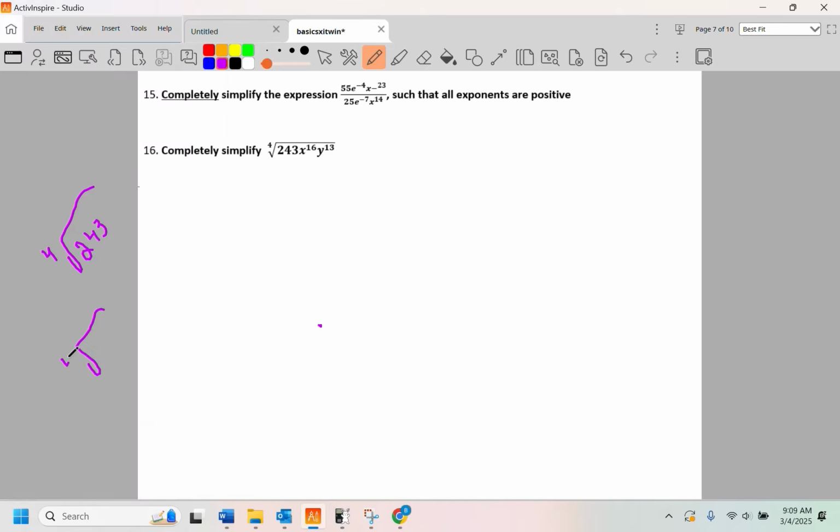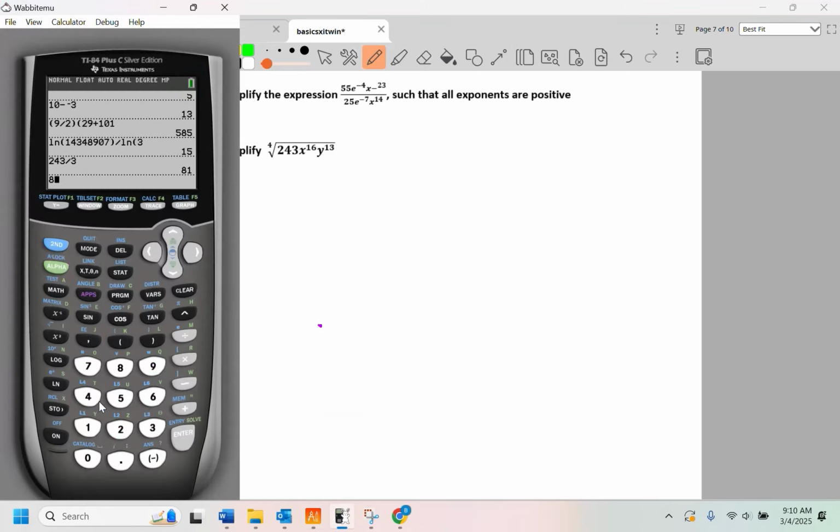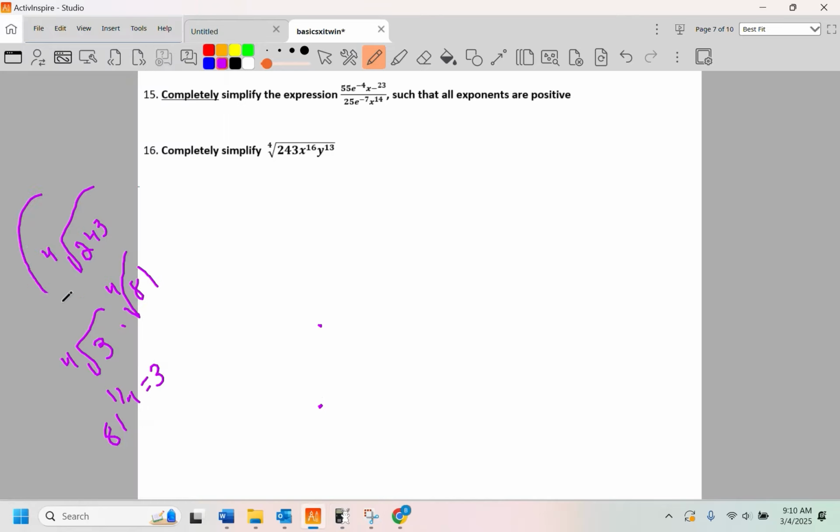So this is the fourth root of 3 times the fourth root of 81. Now, I broke it into that because I have some number sense. I know that 81 to the 1/4 power is 3. By the way, fourth root is the 1/4 power. And it is. So this ugly thing right here becomes 3 fourth roots of 3.